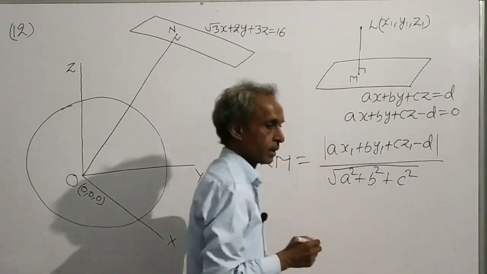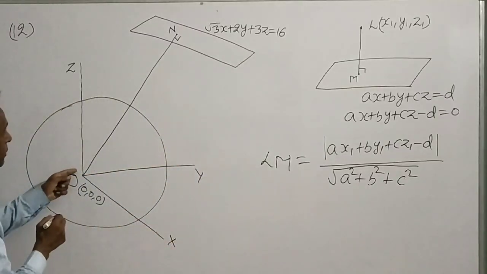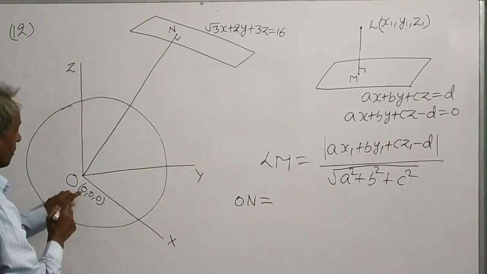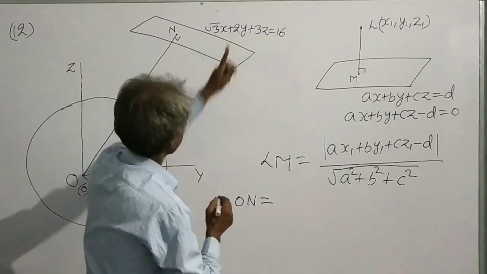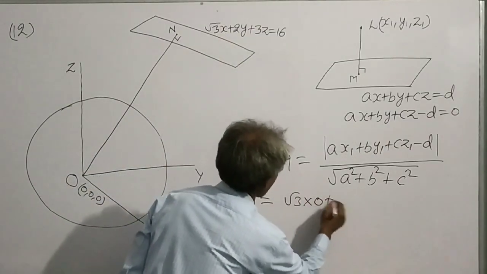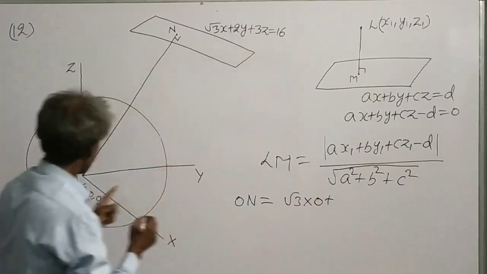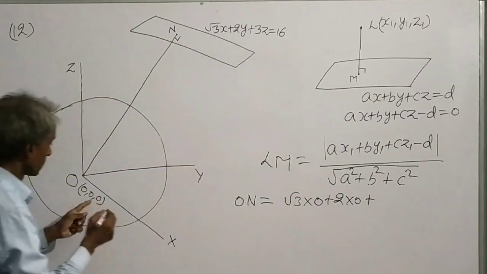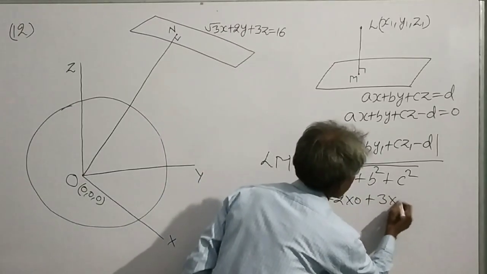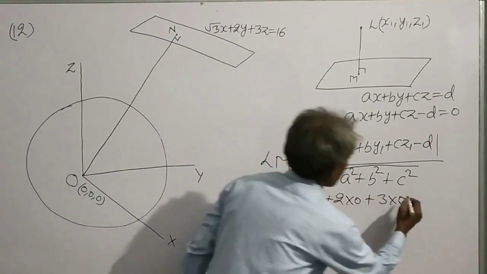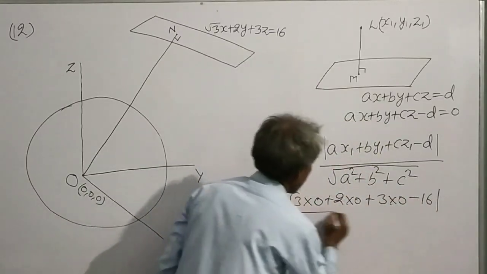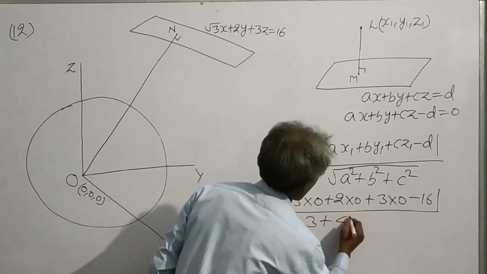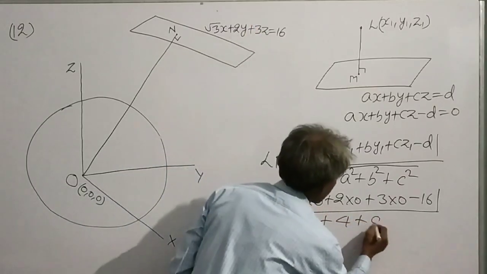This is the formula. By using this formula, ON will be equal to: put 0 in place of x, root 3 times 0 plus 2 times 0 plus 3 times 0 minus 16, mod, divided by the square root of root 3 square, 3, plus 2 square, 4, plus 3 square, 9.